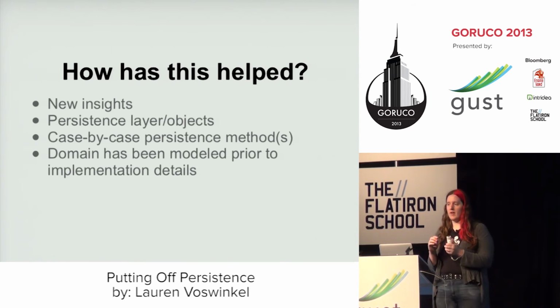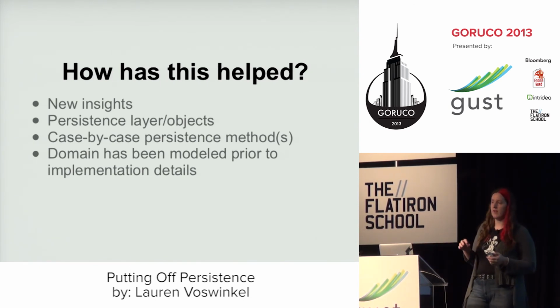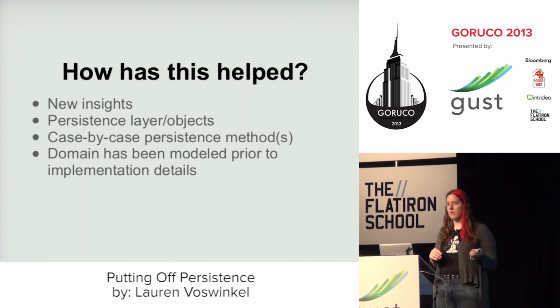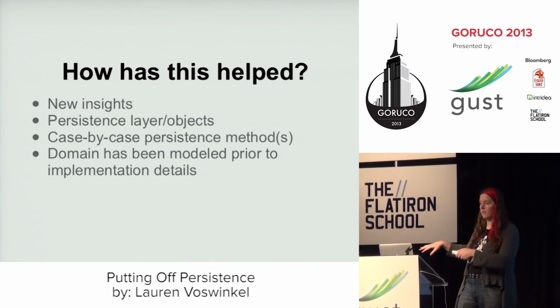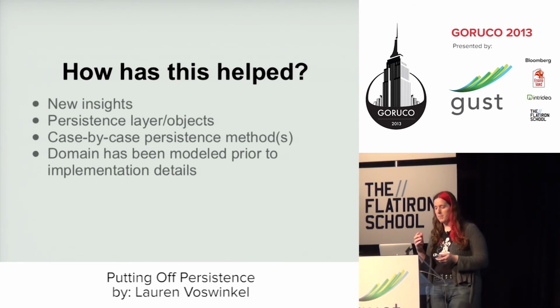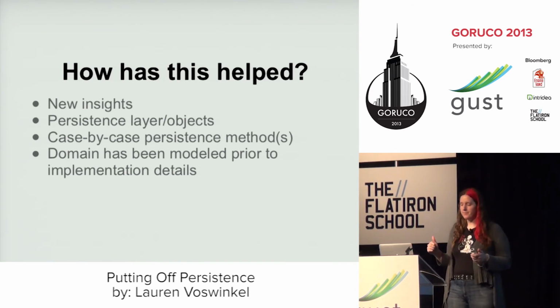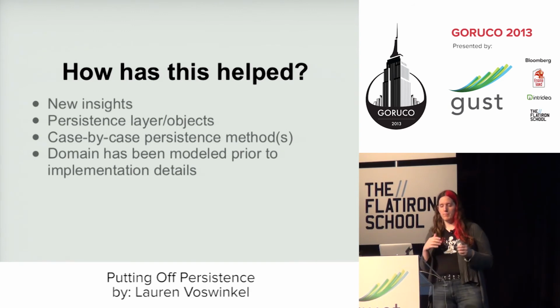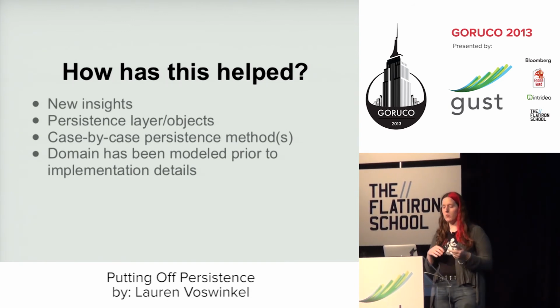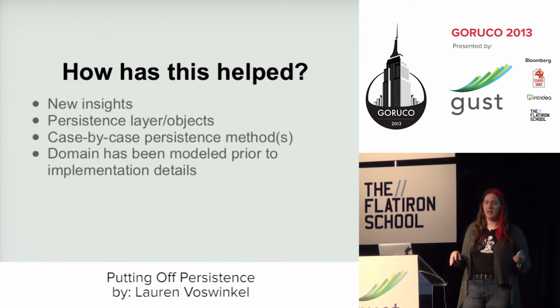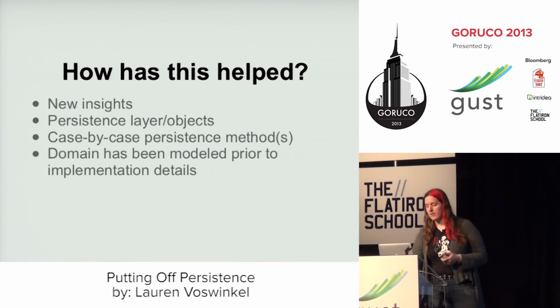You end up looking at a problem and saying, well, I could do it this way, but this database doesn't really support that, so I'm going to do it this way instead and make it really kludgy. That's not good. So really, we should be modeling and testing our domain logic before we actually think about any implementation detail like persistence.